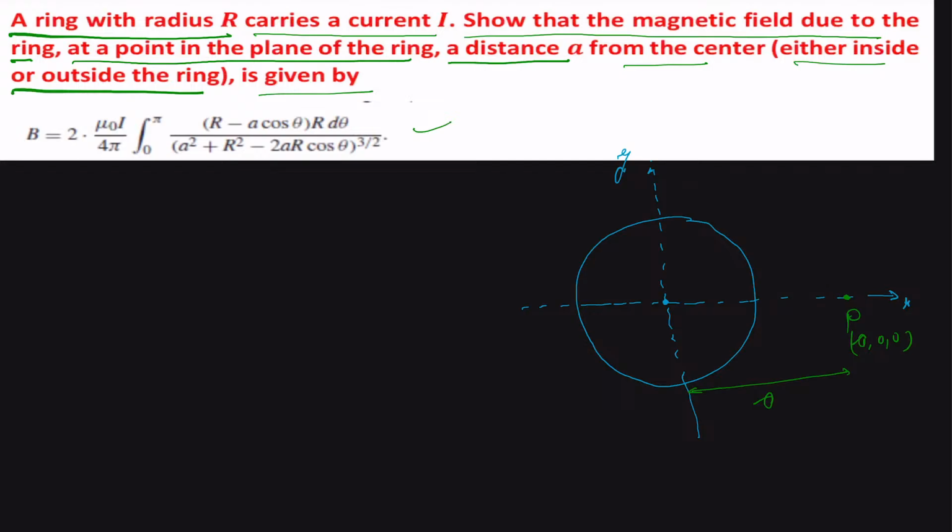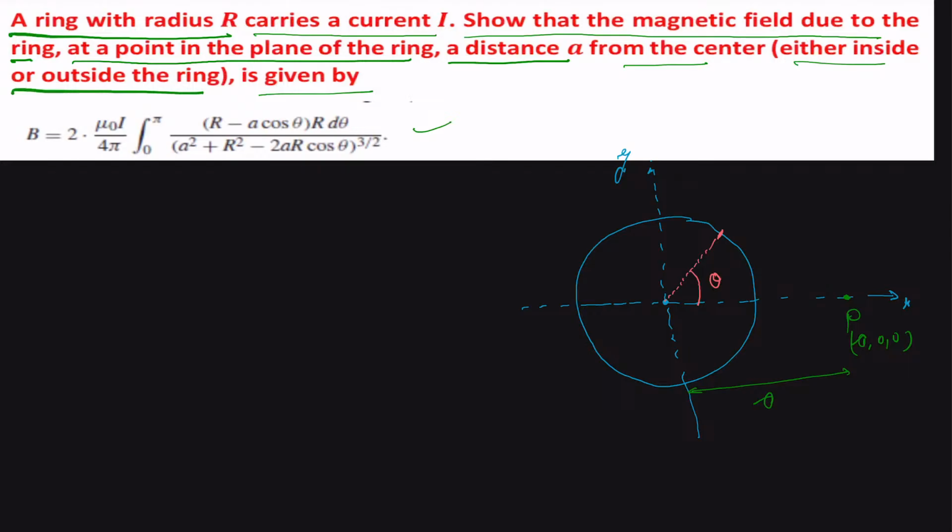Okay. And in order to find out this magnetic field, obviously we are going to make use of the Biot-Savart law. Okay. And so we consider any point on this ring, and let us suppose we join this point, and this angle is supposed as theta, okay.